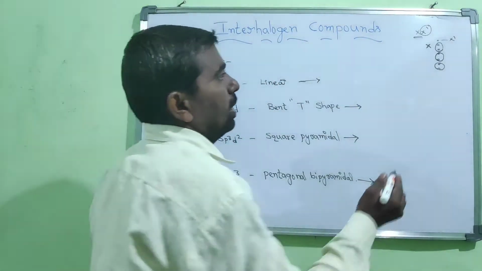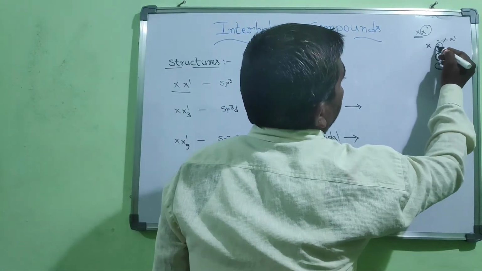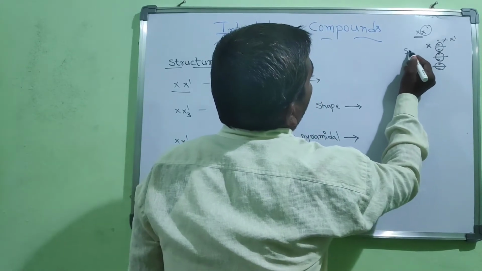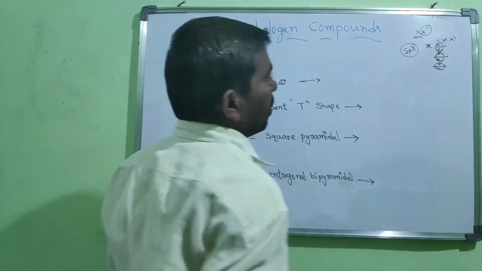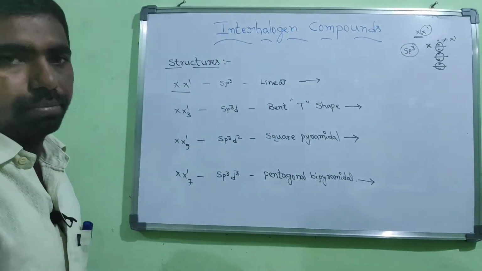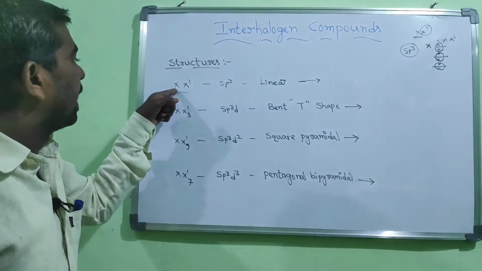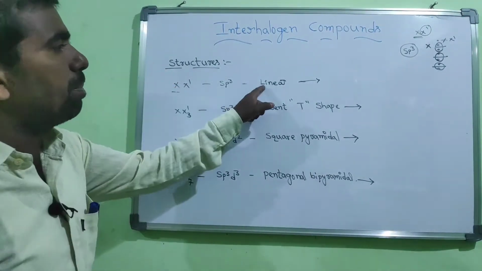Now the hybridization: s, p1, p2, p3. The hybridization at the central atom is sp3, so sp3 hybridization is occurring at the central atom X. Its shape is linear.